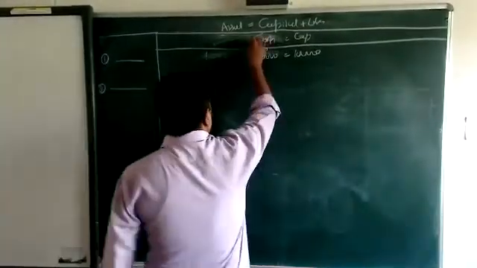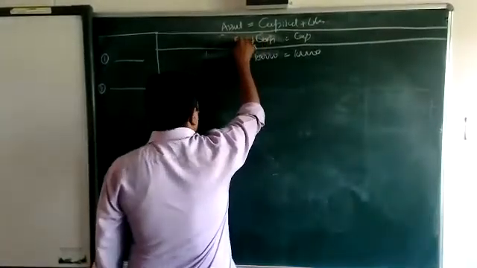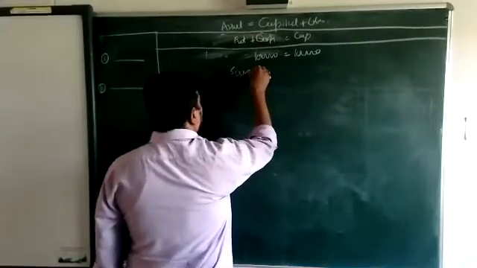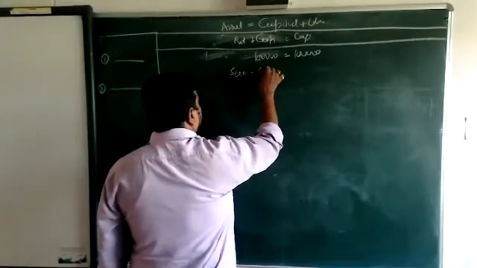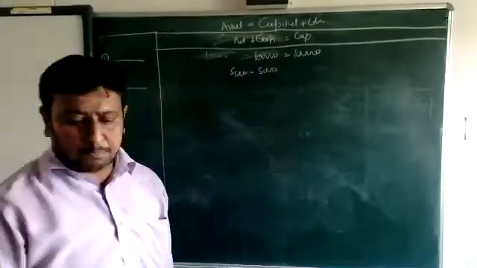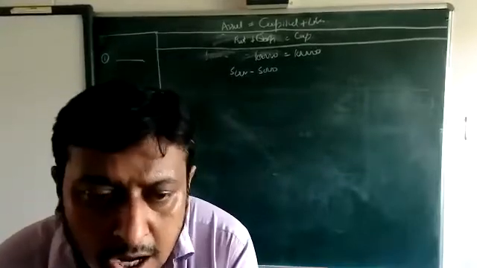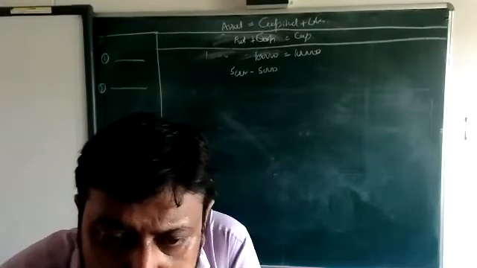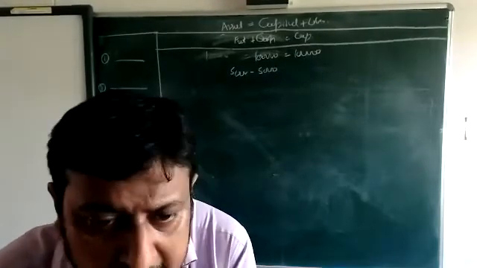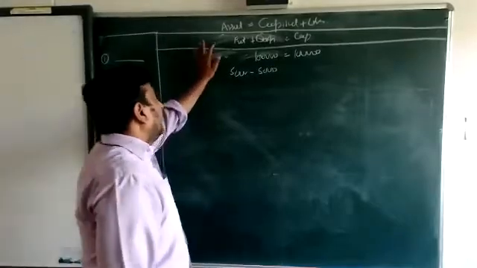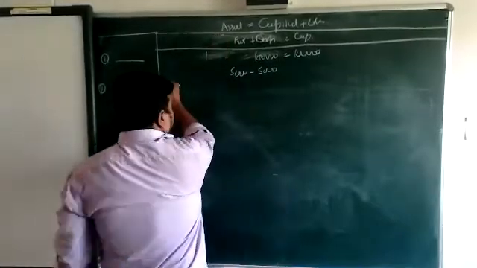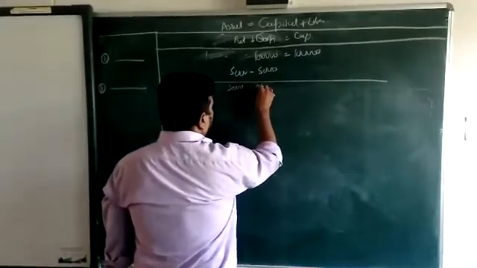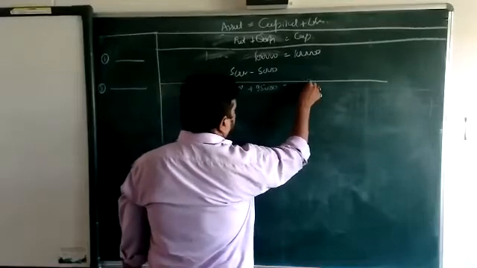One more asset is coming into the business, so you make one head for furniture, that is 5,000 added, but less from the cash, because you pay the amount of 5,000 by cash. So less from cash, and make one furniture head, and just see both sides come equal: 5,000, 95,000 and 1 lakh.